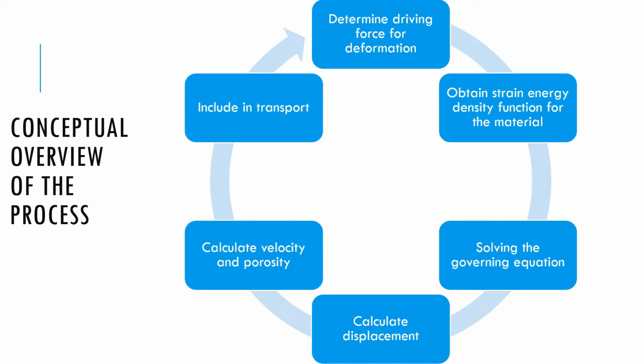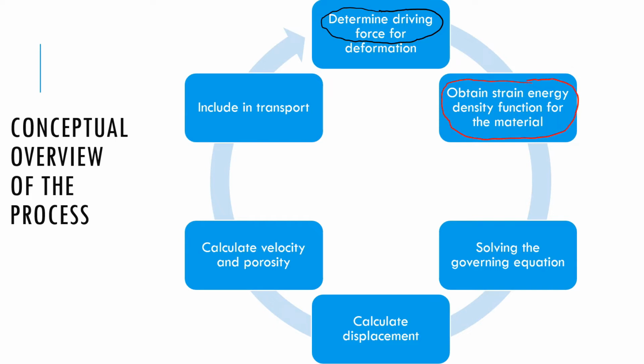So first we need to determine what are the driving forces. So for example, is it shrinkage, water loss, and shrinkage resulting from that? Is that the driving force, or is it a gas pressure that's forming? That's the driving force for swelling. Next, we have to characterize the material.